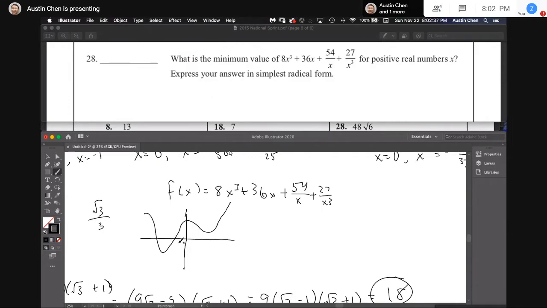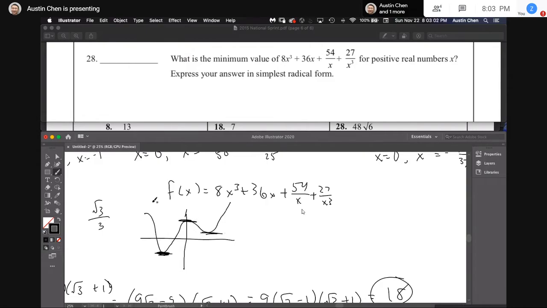So if this is our function, if we take the derivative of the function, we're left with another function that gives us the slopes of the function at any point x, right? But if you have a minimum, the slope at its minimum will have to be 0, right? And so will its maximums.